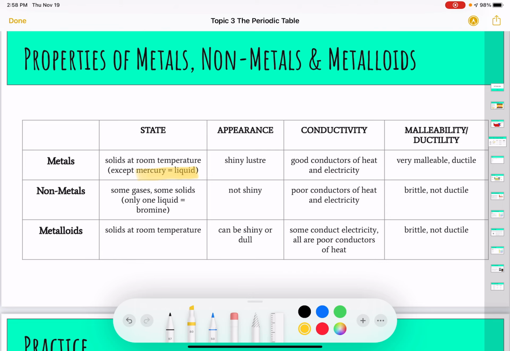As far as non-metals go, some are gases, some are solids, but only one is liquid at room temperature. So this is all talking about at room temperature. The only one that's liquid at room temperature is bromine. If you look at the periodic table, you might notice that on my periodic table, the symbols have different colors.